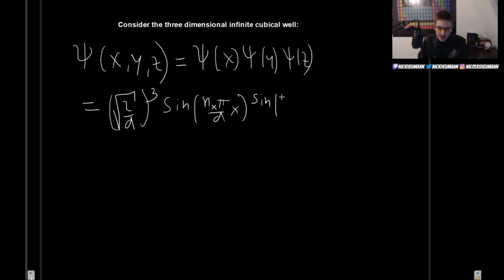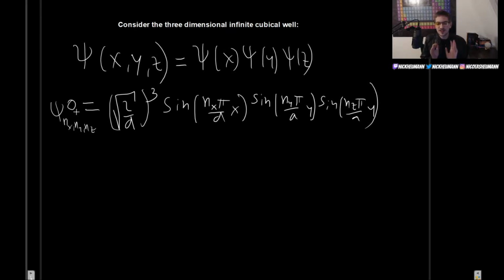Then times sine of ny pi over a times y, times the sine of nz pi over a times z. All right, so this is the wave function for the three-dimensional infinite cubical well, and it depends on nx, ny, and nz. And I'm going to put a 0 up here just to make sure that we know that this is the unperturbed wave function.